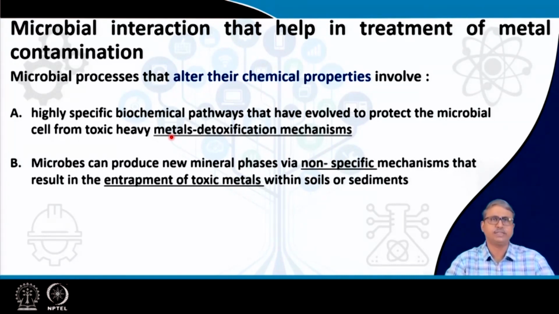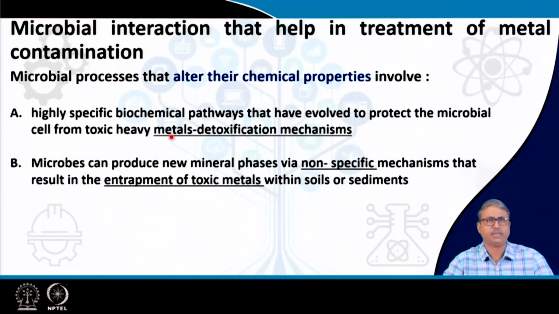Even the trace metals, which are considered essential for microbial metabolism, are also toxic beyond a certain threshold level. And the metals which are not absolutely required by living cells, like for example mercury, arsenic and cadmium, are toxic even at a lower concentration.